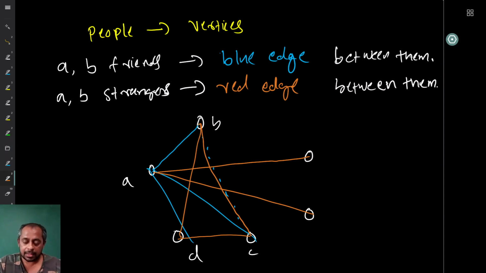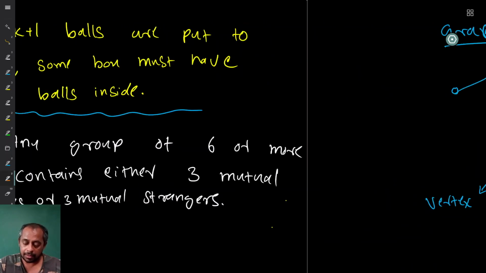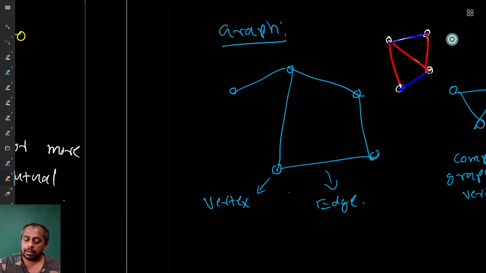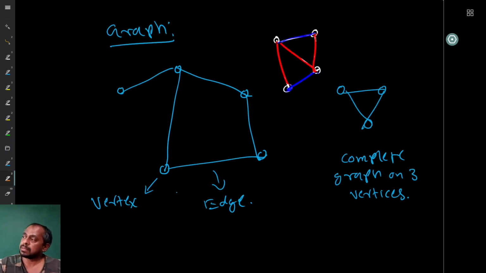So this is what this result says, right? If you have any 6 or more people, there will be either 3 mutual friends or 3 mutual strangers. Now this says something very fundamental. Okay, we'll discuss a little more about this later.